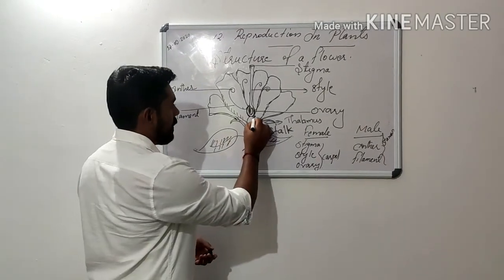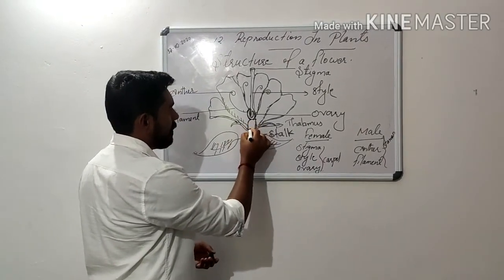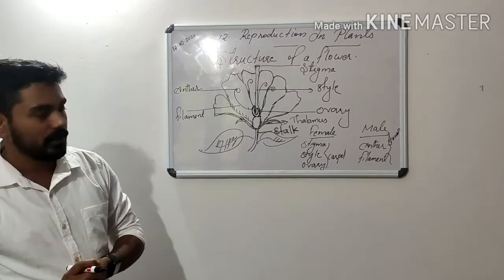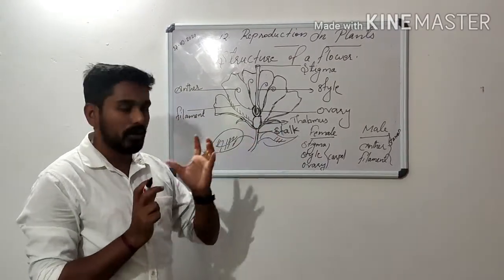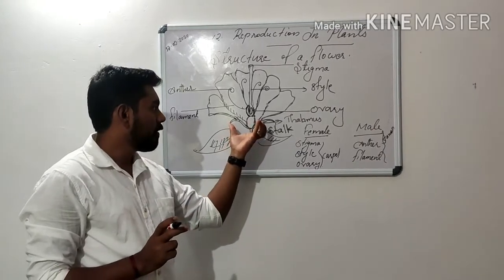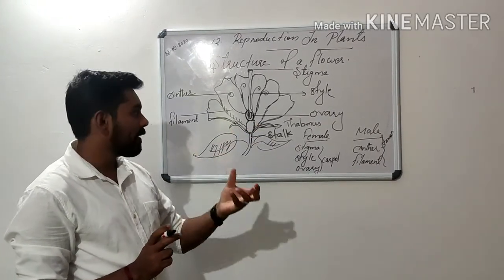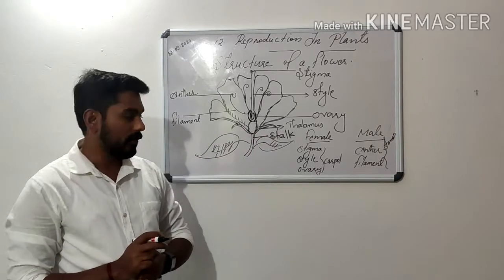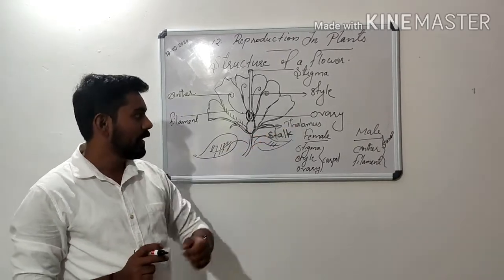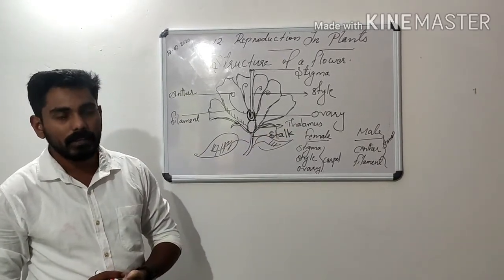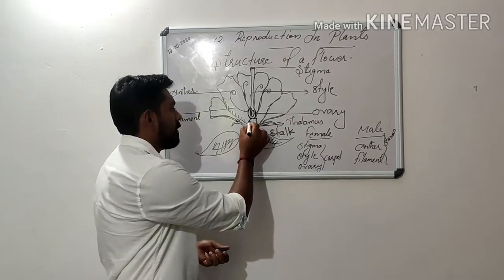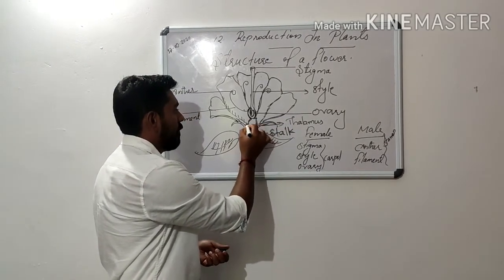When we observe a flower, you can see a green, swollen part of the flower. That is called the thalamus. The thalamus is the swollen part of the flower.